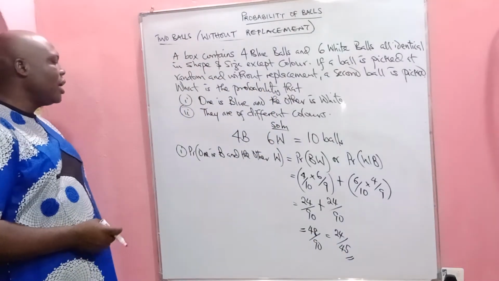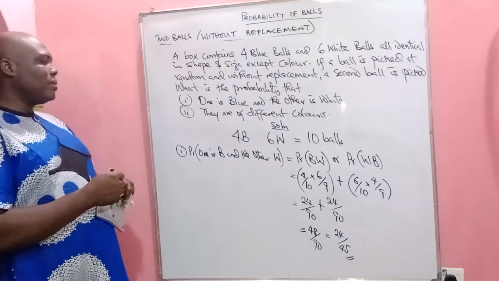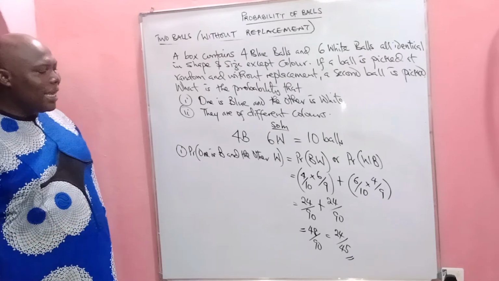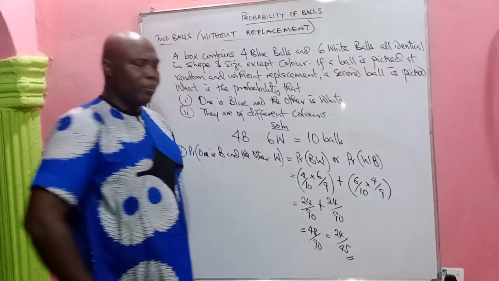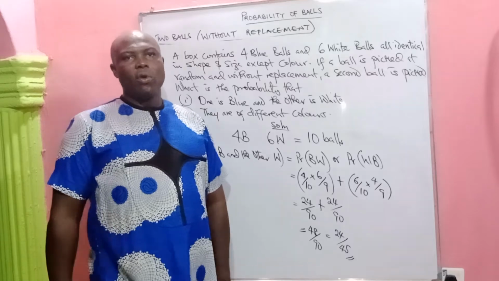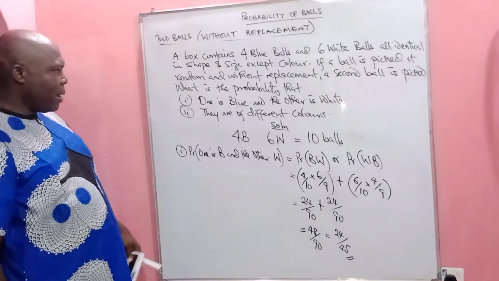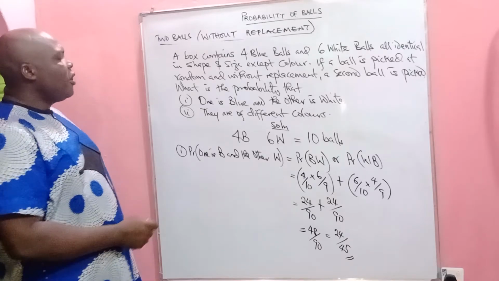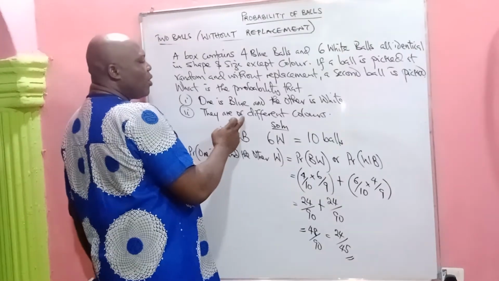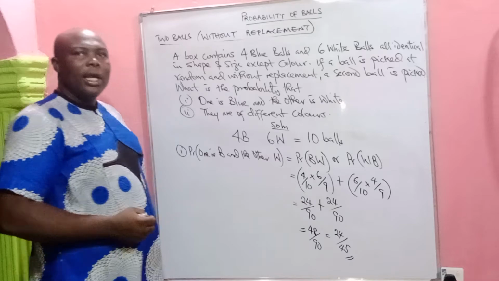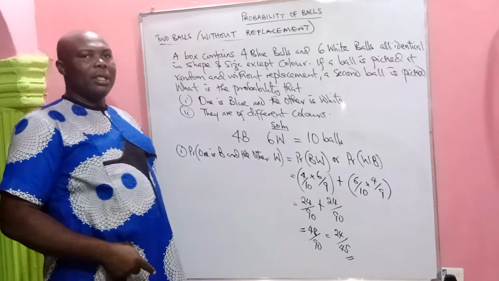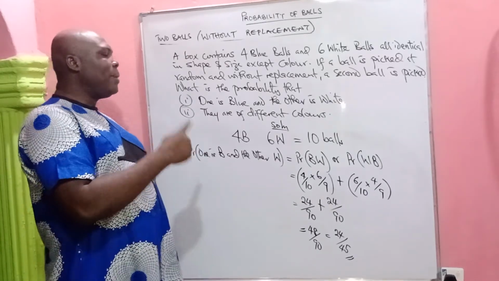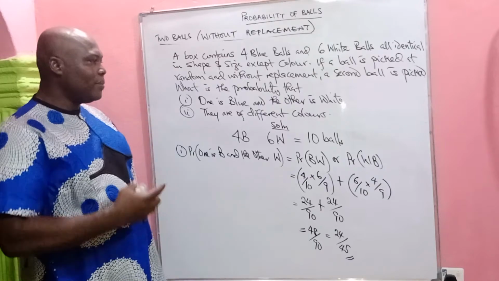It therefore means that the probability that one is blue and the other is white will give us the proper fraction 24 over 45. That is the probability. Okay? Now, understand that if you're looking for the probability that they are of different colors, it means we'll still be doing the same thing. Different colors meaning that we are having blue, white, or white, blue.